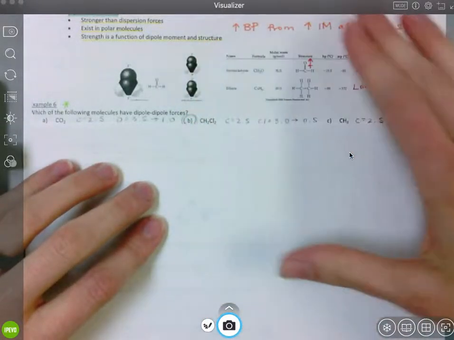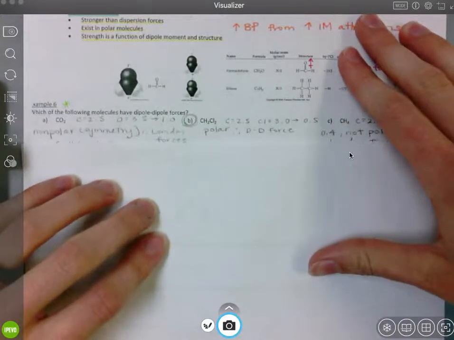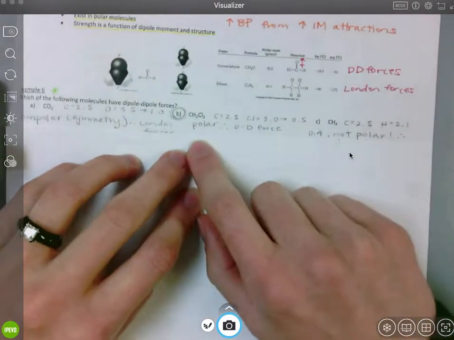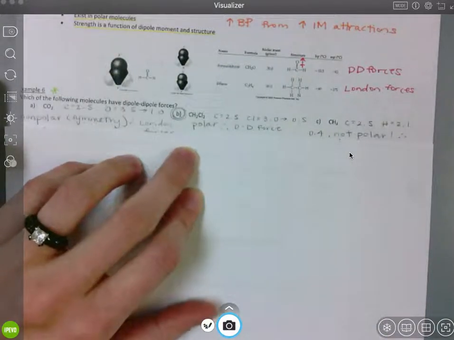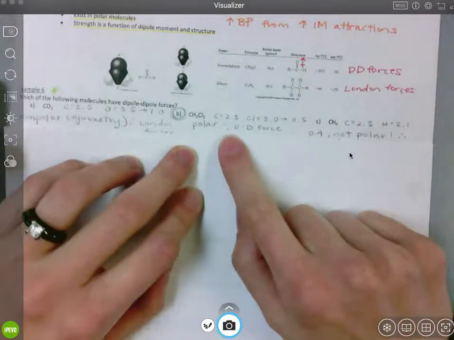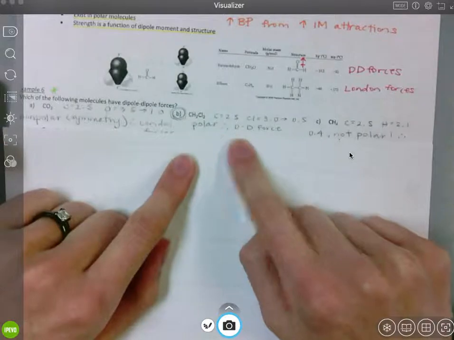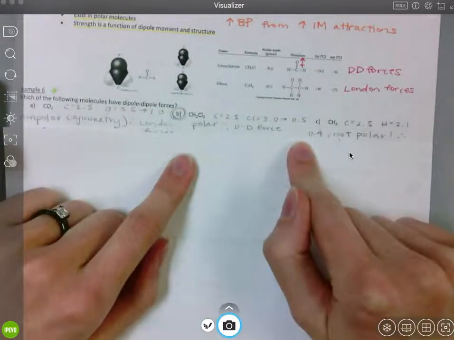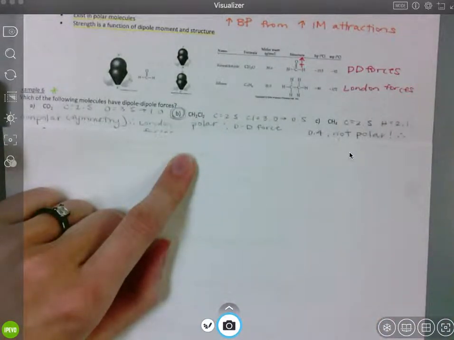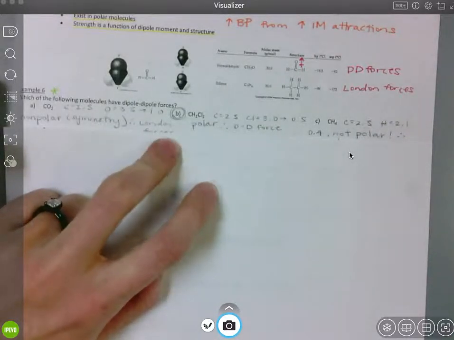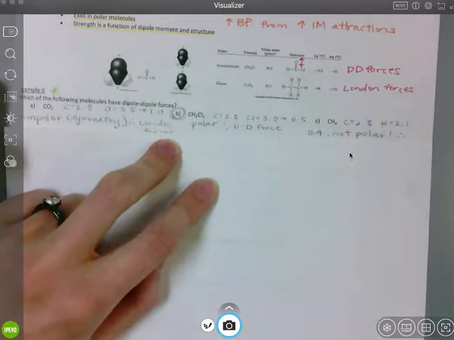All right, so let's look at, I'm just going to uncover that. CH2Cl2. So carbon is 2.5, chlorine has a 3.0, so that's a 0.5 electronegativity difference. We don't have the same atoms bonded to our central atom, even though we have a tetrahedral molecular geometry. Both conditions have to be met for a polar bond to be a nonpolar molecule.